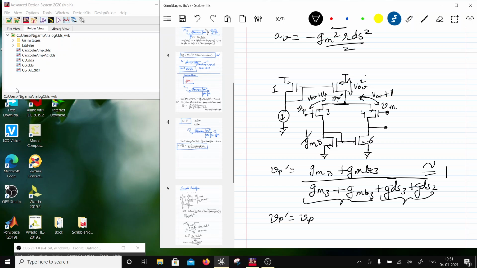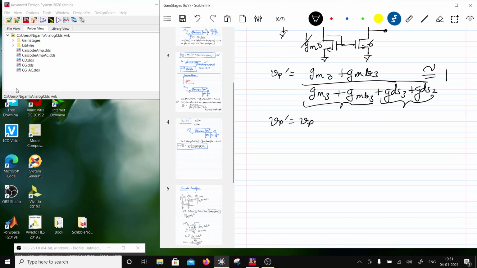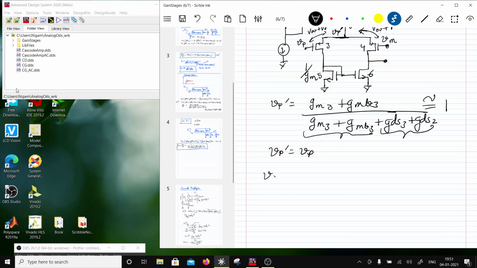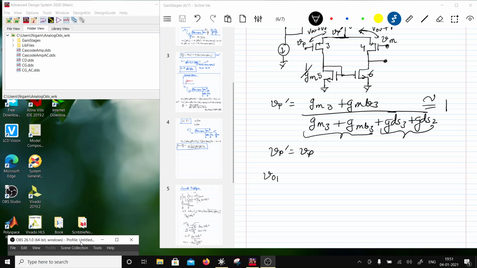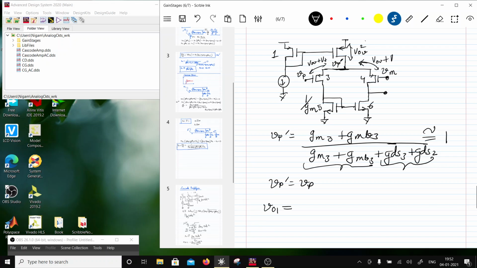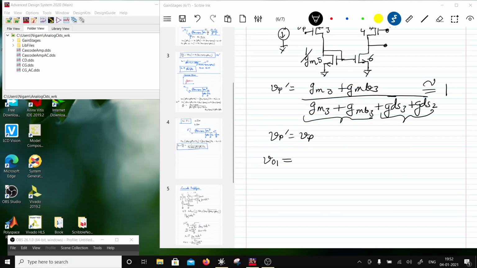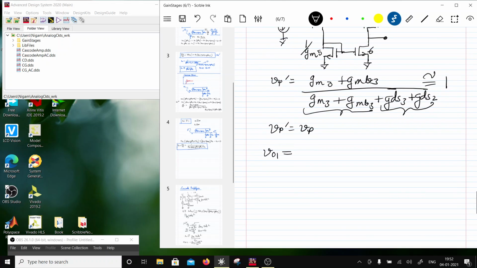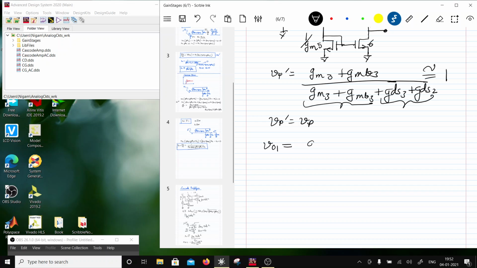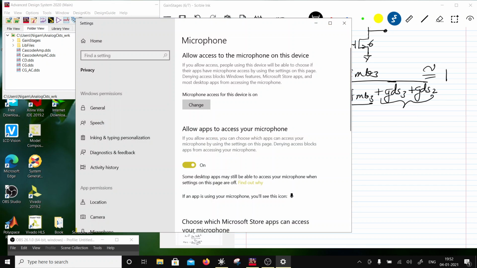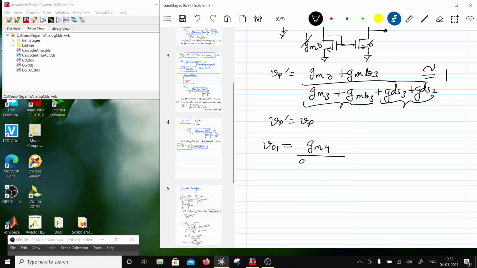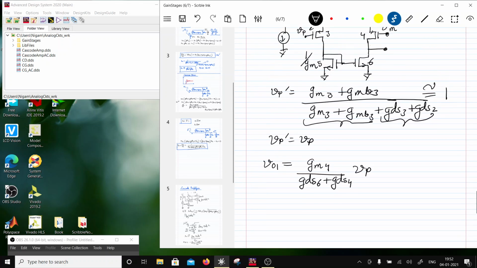So the output voltage because of VP, VO1, would be given by the gain of this stage, which is gm4 divided by (gds6 plus gds4), times VP. So this will be the output voltage because of VP.